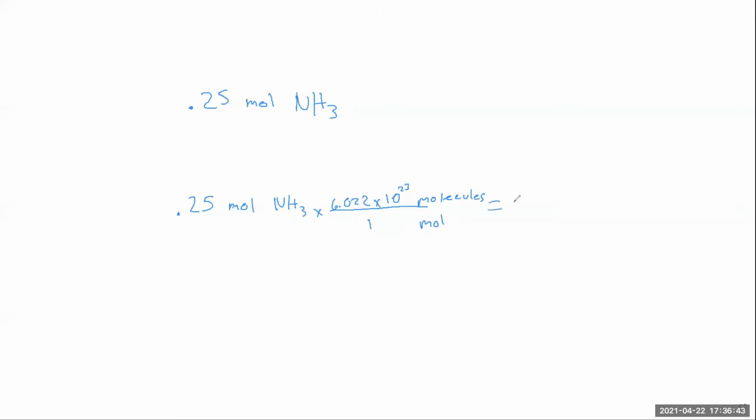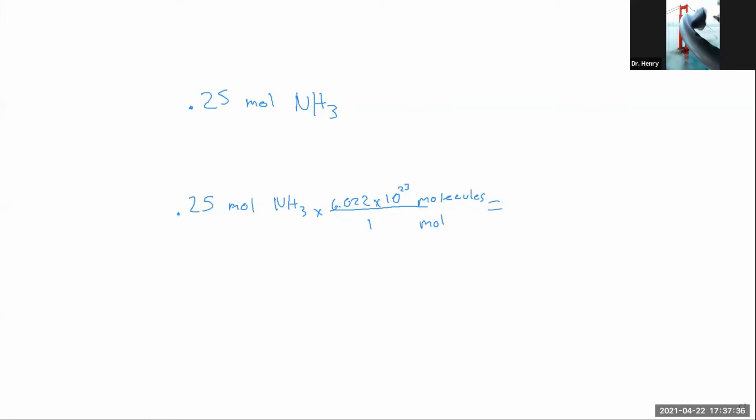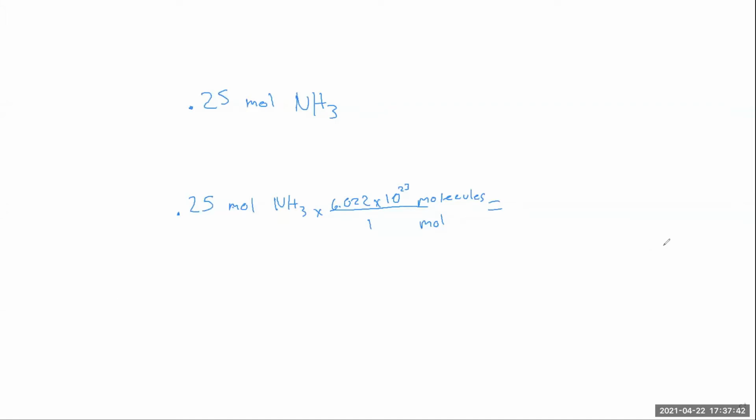That's going to get us a very big number, right? So how many molecules do I have in this 0.25 moles of ammonia? You have 1.5 times 10 to the 23rd power. Okay, yeah. So I have 1.5 times 10 to the 23rd molecules of ammonia.